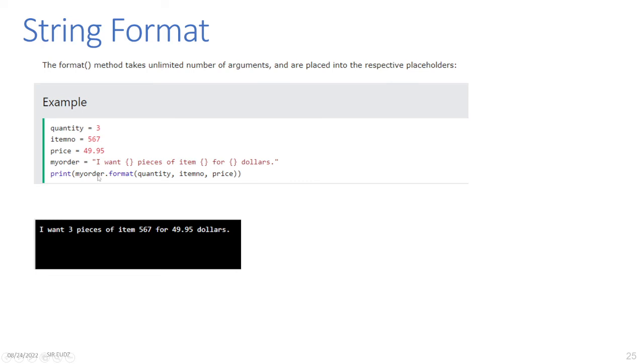Then print my order, so format will place quantity here, which is 3, item number here, then price here. The output will be: I want 3 pieces of item 567 for $49.95.